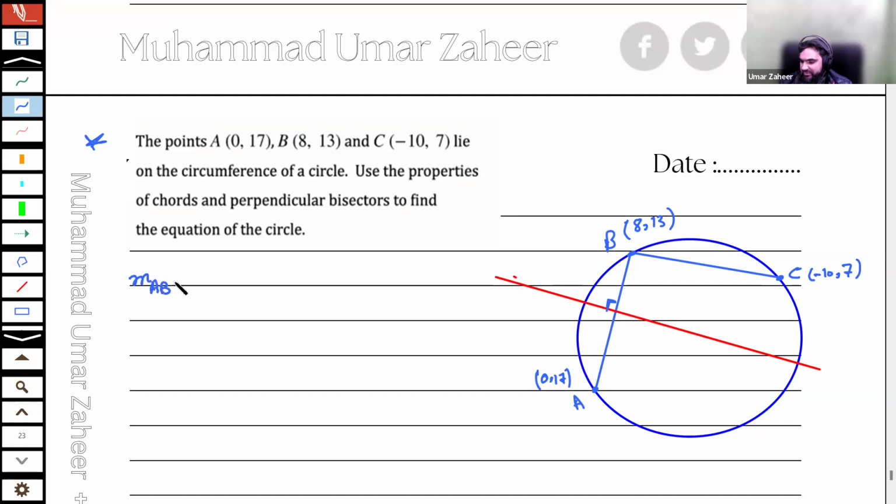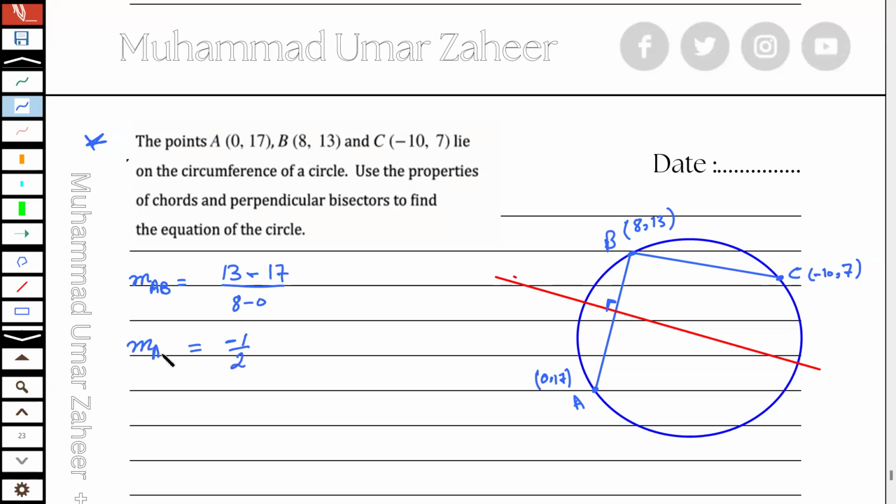The gradient of line AB will be equal to (13 minus 17) divided by (8 minus 0), that would be equal to minus 4 over 8. It will be minus 1 over 2, right?